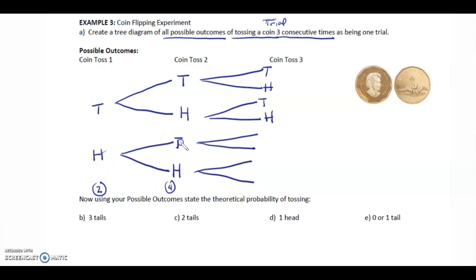Okay, you get head, tail, tail, or head, tail, head. Head, head, tail, or head, head, head. And if we count all of these possibilities, 1, 2, 3, 4, 5, 6, 7, 8, we get 8 possibilities.